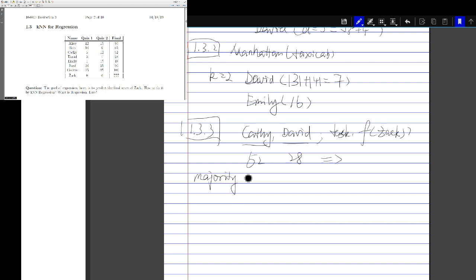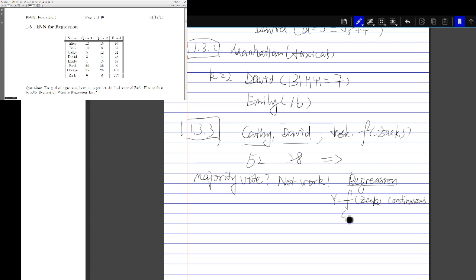For those of you with a keen eye, you should notice right away that majority rule would definitely not work. Why? Because we're no longer dealing with classification. We're dealing with a regression problem, meaning that our target variable, as given a particular sample point or a particular person in this case, will actually be a continuous number.